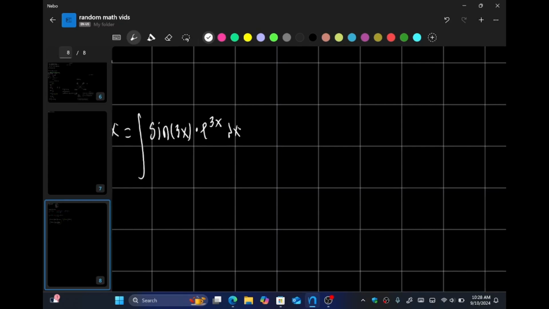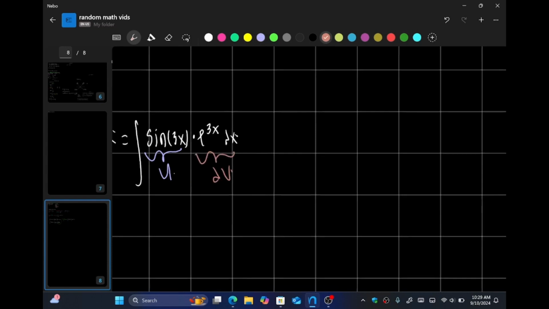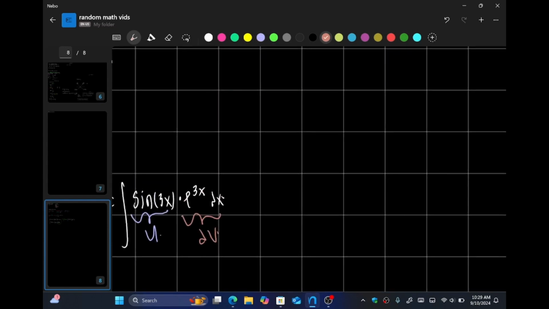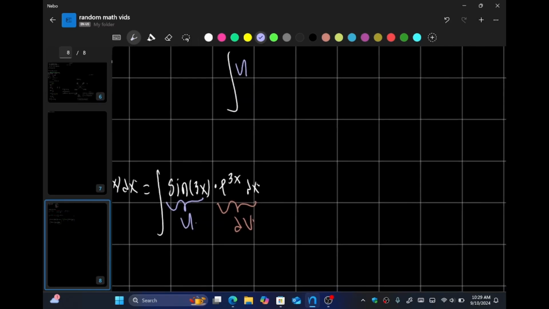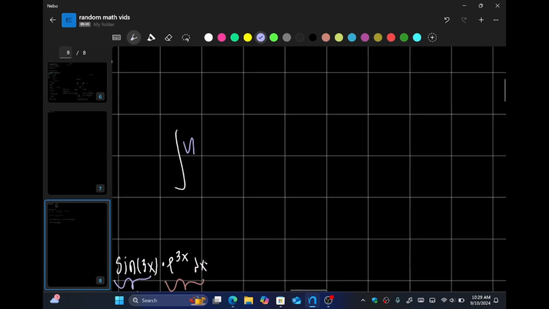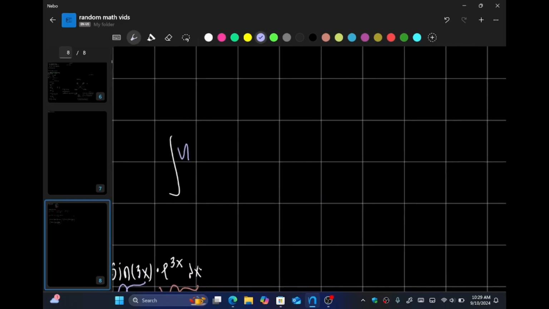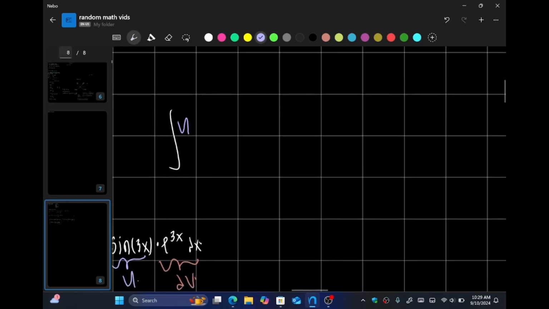Again, we're going to do u right here, and right here we're going to do dv. Don't worry about the colors, guys. I'm just going random here. So again, the integral of u dv, and I'm just rewriting our formula. This time we're doing some separate work for this integral, because again, we have to do it 2 times.